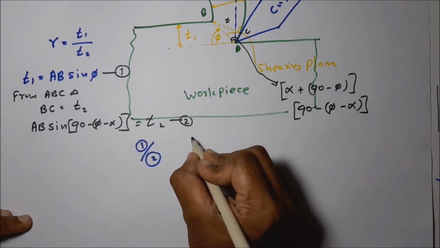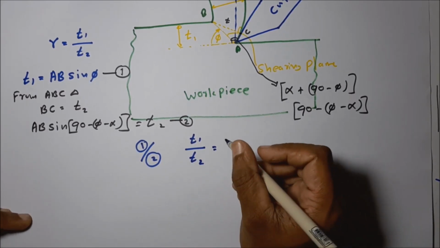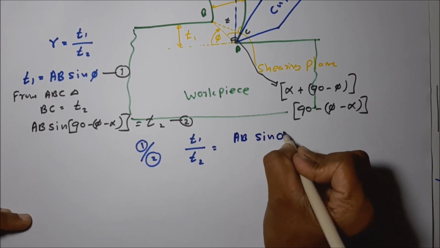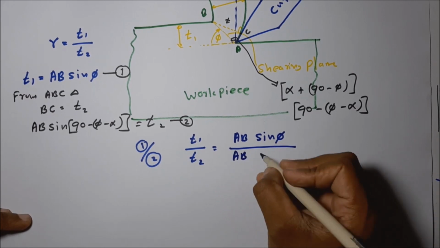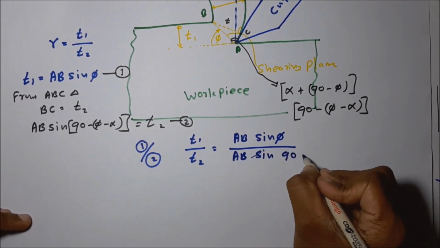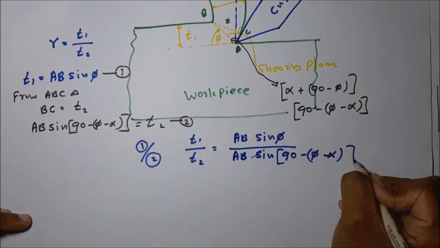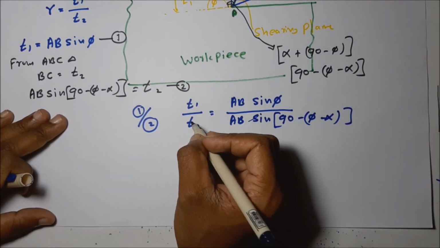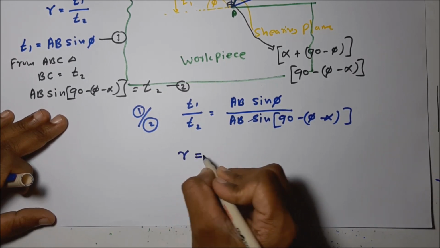Then I get t1 divided by t2 is equal to AB sine phi divided by AB sine of 90 minus phi minus alpha. We can put r for t1 divided by t2, the chip thickness ratio.